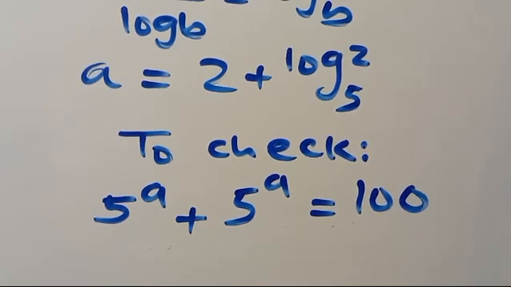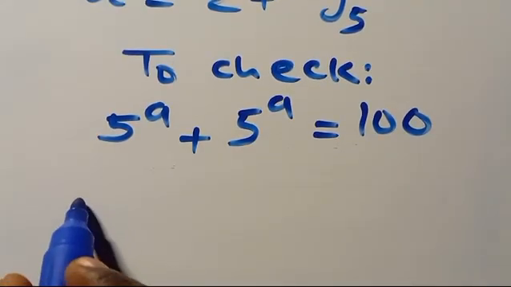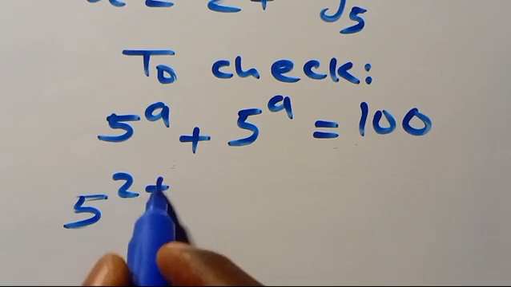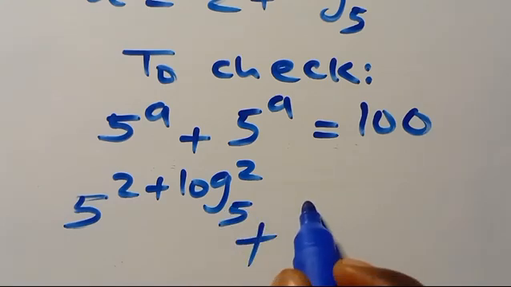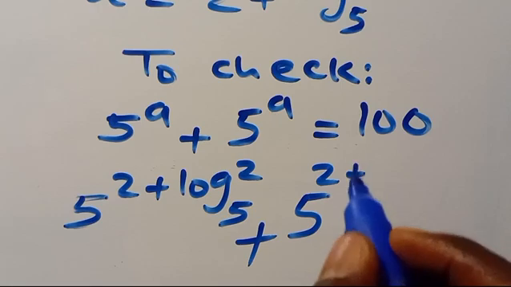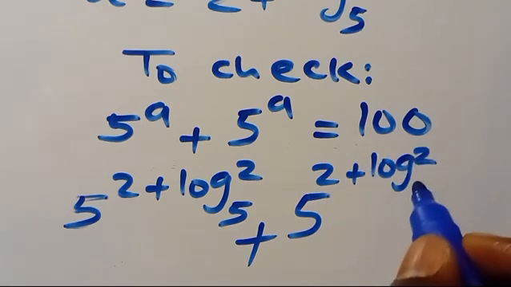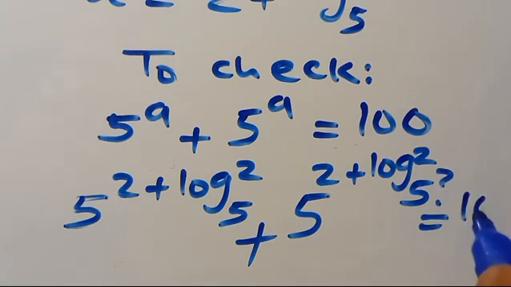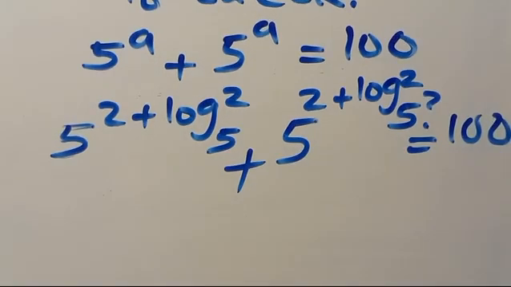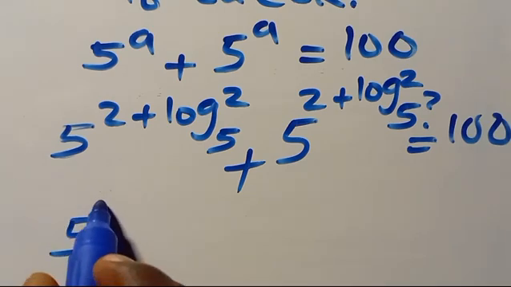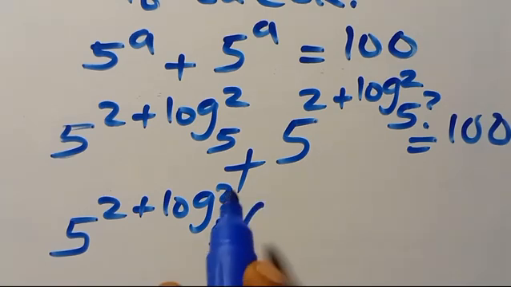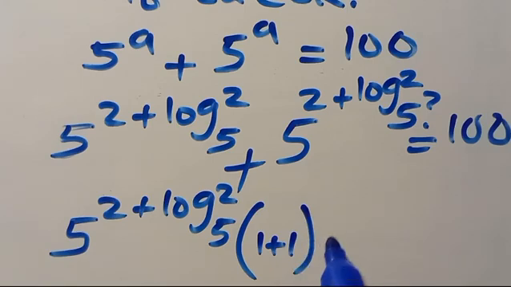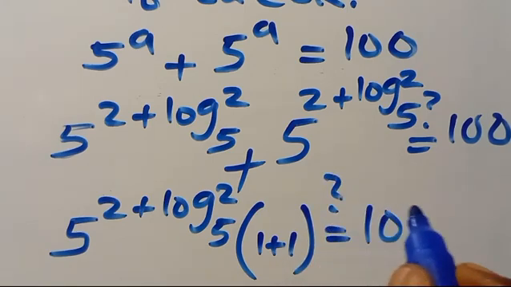Then when a equals this, we're going to have 5 to the power of 2 plus log 2 in base 5, plus 5 to the power of 2 plus log 2 in base 5, is going to give us 100. So factor this, we're going to have 5 to the power of 2 plus log 2 in base 5. This divided by this will be 1 plus 1. Then it's going to give us 100.